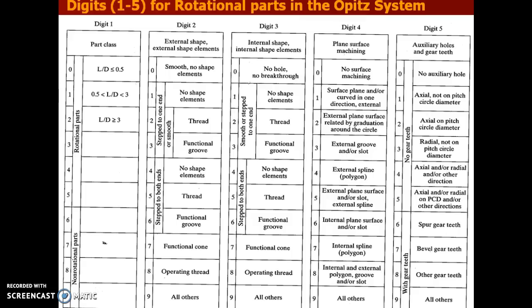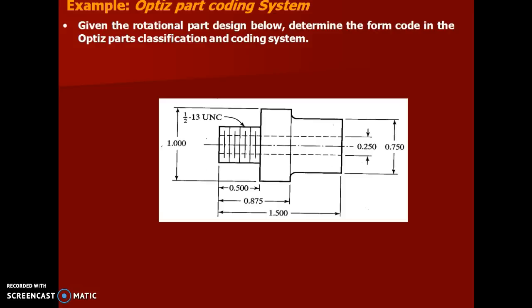Similarly, for the internal shape, for example, if I have a functional groove, then my third digit is going to be 3. Or if I have a thread as an internal shape, then my third digit is going to be 2. And digit 4 depends on whether I need surface machining or not. Digit 5 is about the auxiliary holes and the gear teeth required for that particular component. Having understood these things, now you will be able to write a code for the given structure.